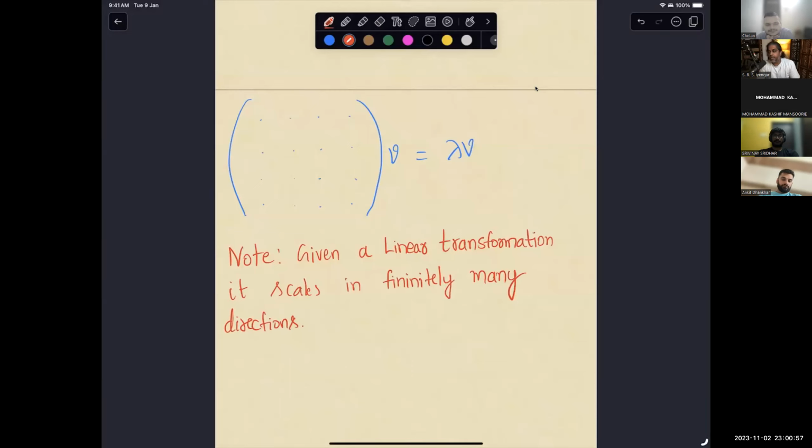Can you open GeoGebra and quickly show this, whatever we said yesterday, just for warm up?